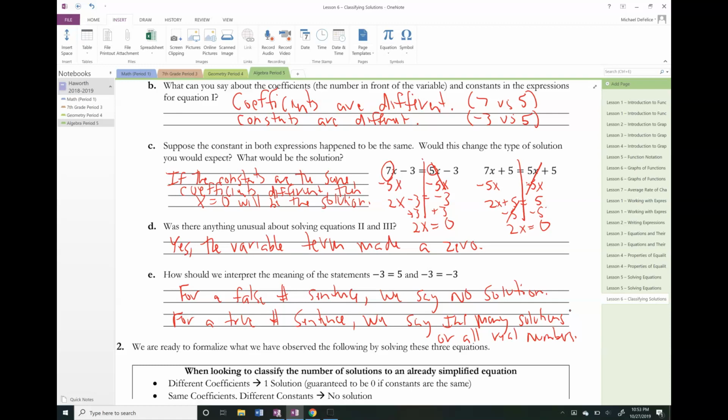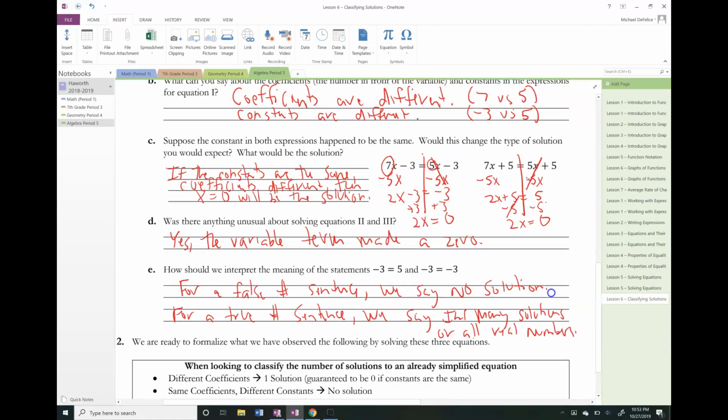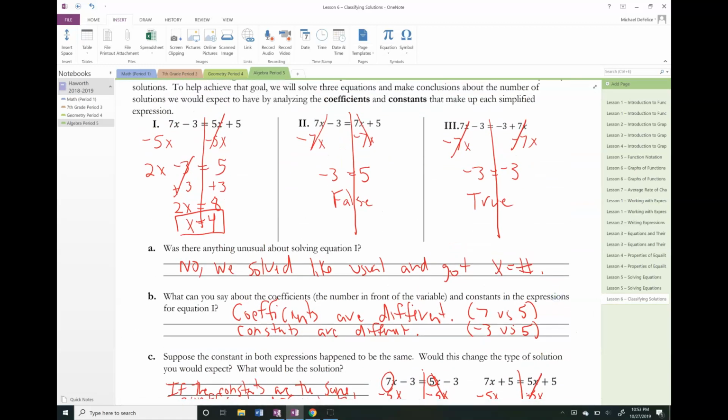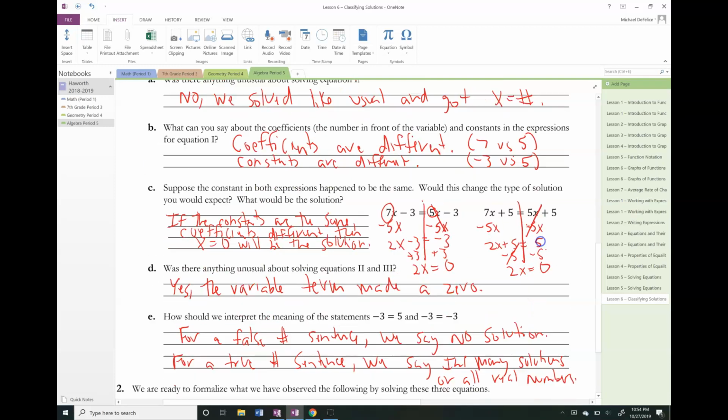So how does this relate back to coefficients and constants? Let's look at our equations. In equation 2 we had the same coefficients, and in equation 3 we also had the same coefficients, but what was different was the constants. If the constants are different, as in equation 2, we're always going to get a false number sentence. If the constants are the same, we're always going to get a true number sentence. That result is summarized at the bottom here.